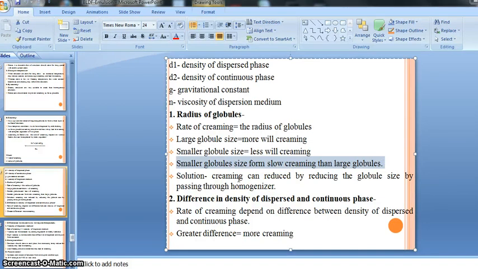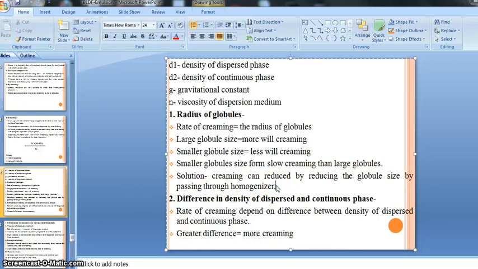So we understand here that for minimizing the creaming, or for slow creaming, we have to minimize the size of large globules, right? There is also a solution, as we already said: creaming can be reduced by reducing the size of globules by passing through the homogenizer.